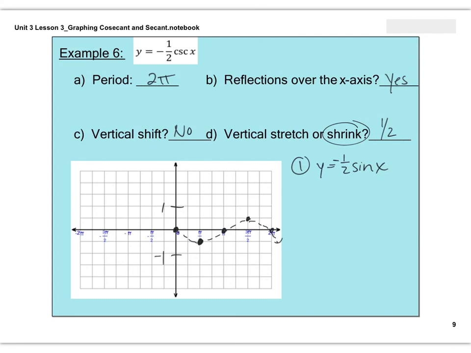And now let's get the back side of that. So we'll have a dot, let's see, right here, right here, right here, right here. Then draw in your vertical asymptotes. Every time it crosses the midline, or anytime you see a hill or a valley, separate them.